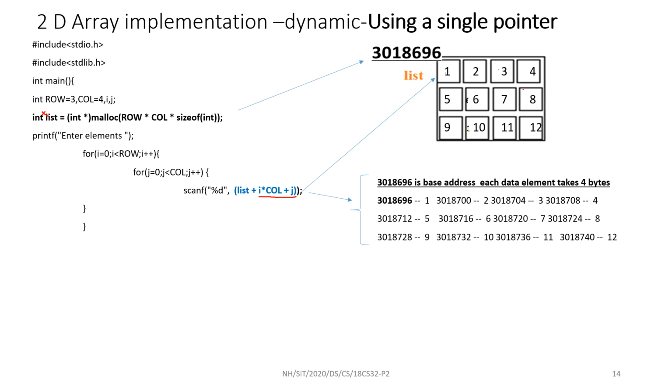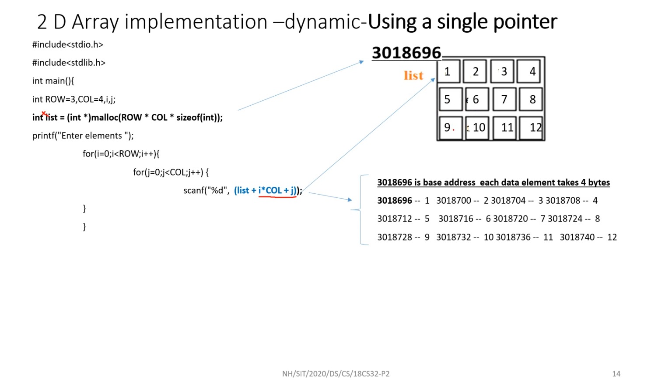How many columns do you have to skip? The number of rows previous to this one into the number of columns in that row, 4 into 1. That many you have to skip, plus something in the current row, which is indicated by j.